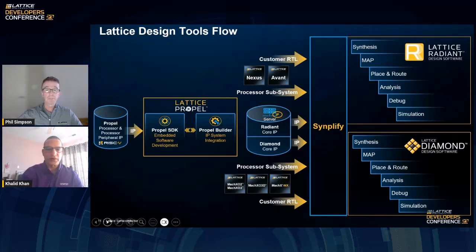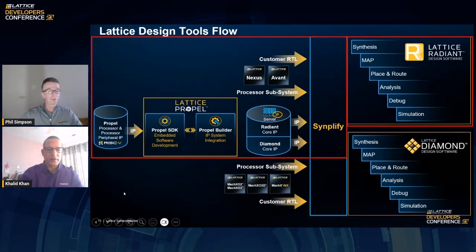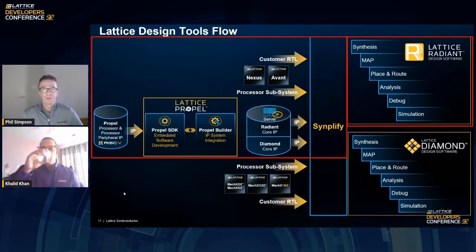processor. For the purposes of this presentation, we're really going to focus on this red area, designs that are put together using the Radiant tool, where Propel could be used as the embedded software interface.